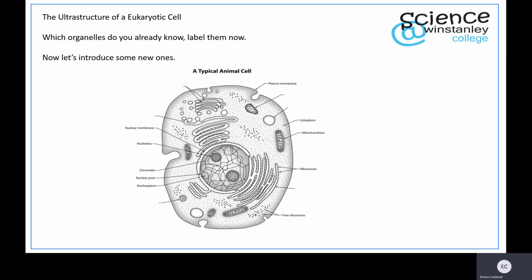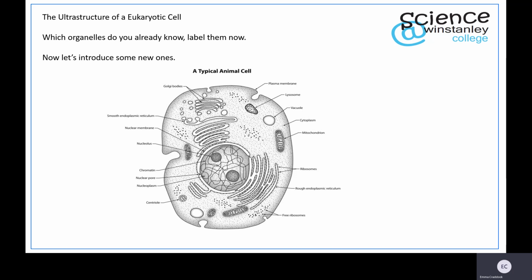And then we have some other organelles that I don't think you will have seen before. You have your lysosome, which contains hydrolytic enzymes to break down macromolecules such as carbohydrates and proteins. Animal cells actually have vacuoles, though they are not permanent. They can come and go and they can change where they are.